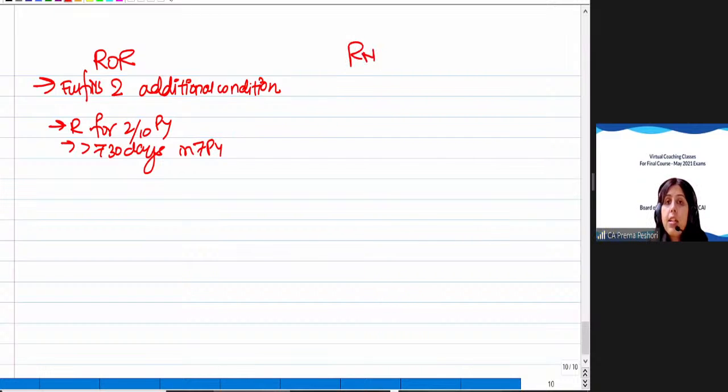And who is resident and not ordinary resident? One who fulfills either or none of the additional conditions.